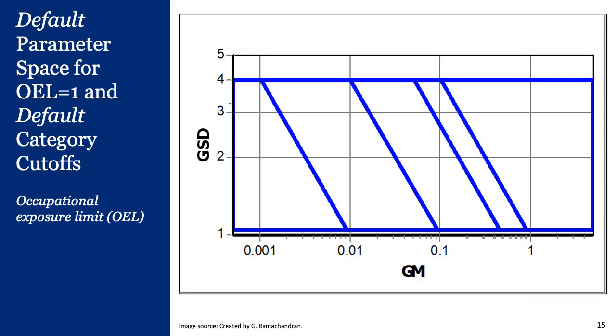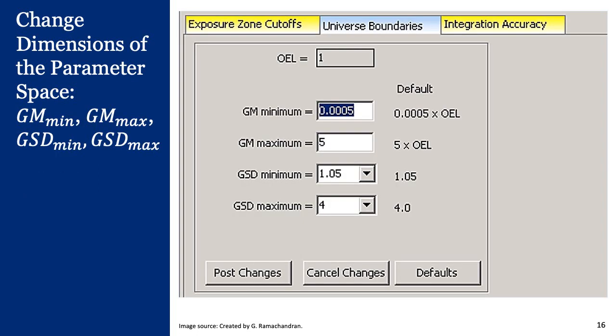And the default parameter space for an OEL of 1 has a GSD minimum at 1.01 and a maximum at 4. And the GM minimum and maximum are shown in this screenshot from the software tool. The minimum is at 0.0005 times the occupational exposure limit, and the maximum geometric mean is at 5 times the occupational exposure limit.